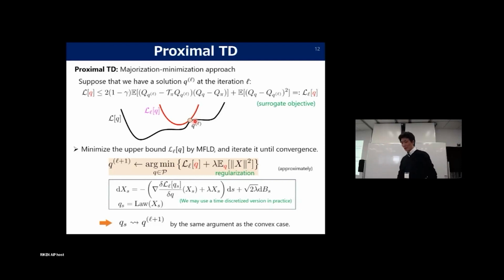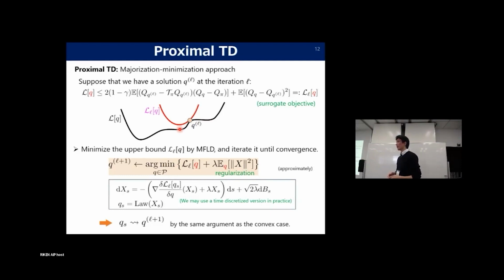So actually the next solution Q_{l+1} is something like a gradient descent on our function space, like L2 space. Performing the gradient descent in a function space is very difficult, but very similar thing is happening here. So this is like a proximal gradient descent in L2 space.